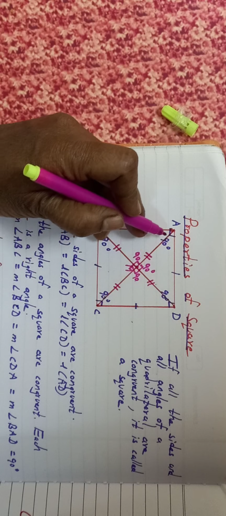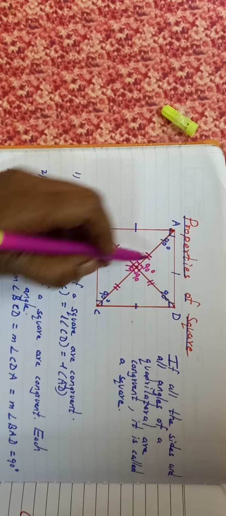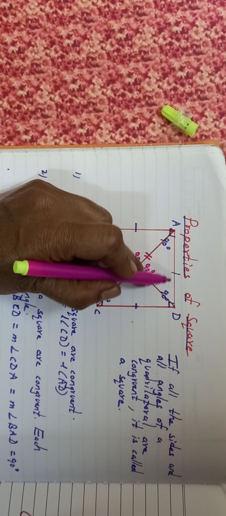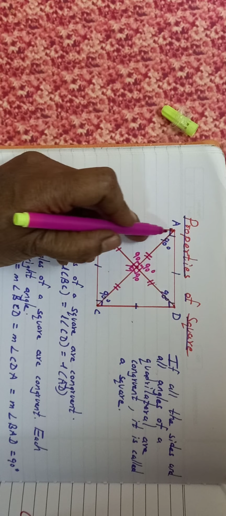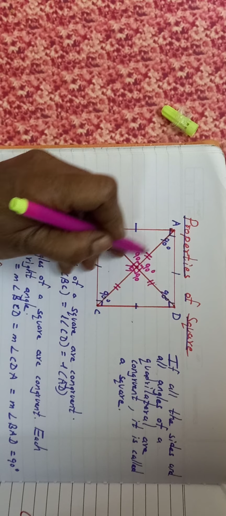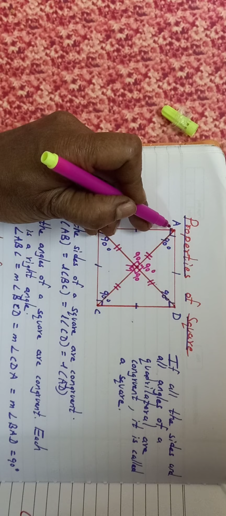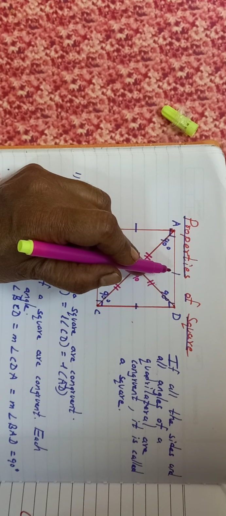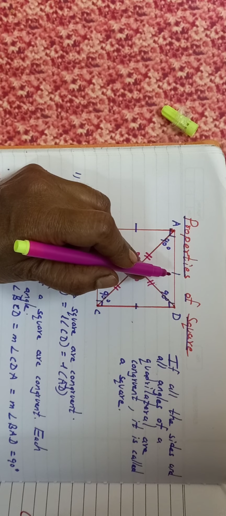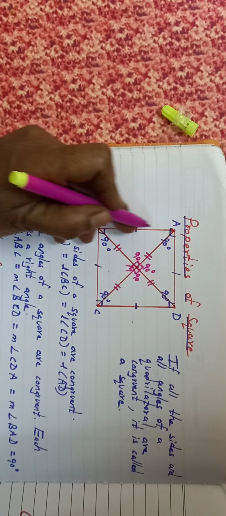Afterwards, when I have completed drawing the diagonal, you can see that angle BAD is divided into two angles, angle BAC and angle CAD. Two angles are formed when I am drawing the diagonal. So this diagonal is bisecting the angle BAD.